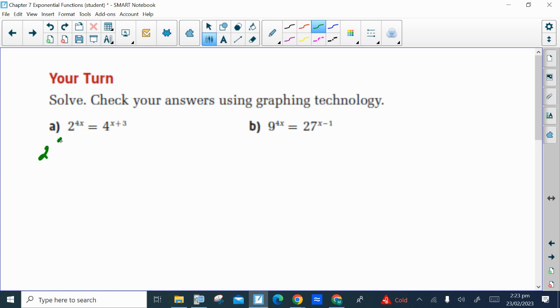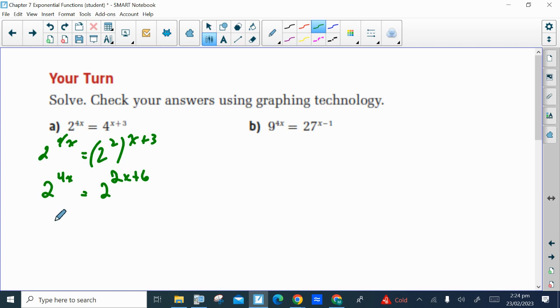In this case, we can express the right side with a base of 2 because 4 is 2 squared. Multiply out the exponents on that right side.